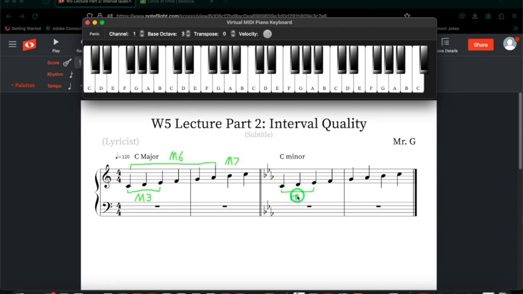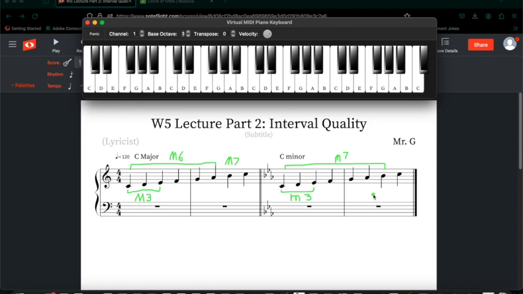And to indicate minor, I'm going to use a lowercase m and a 3. We'll do one more, this time with, let's do the 7th. B flat is 7 steps away from C in C minor. Because this is diatonic, that is a minor 7th. Lowercase m with the 7.